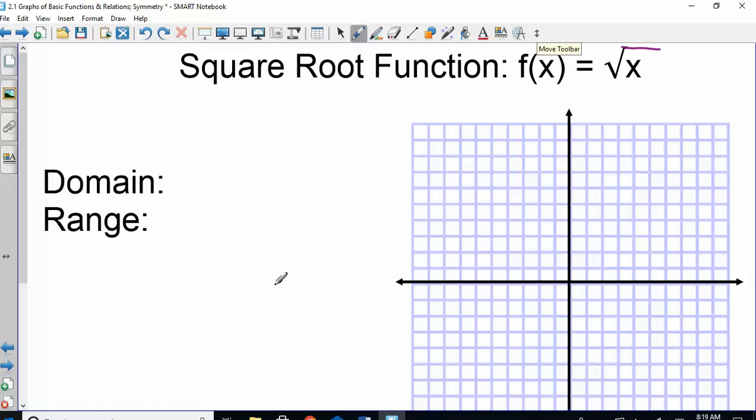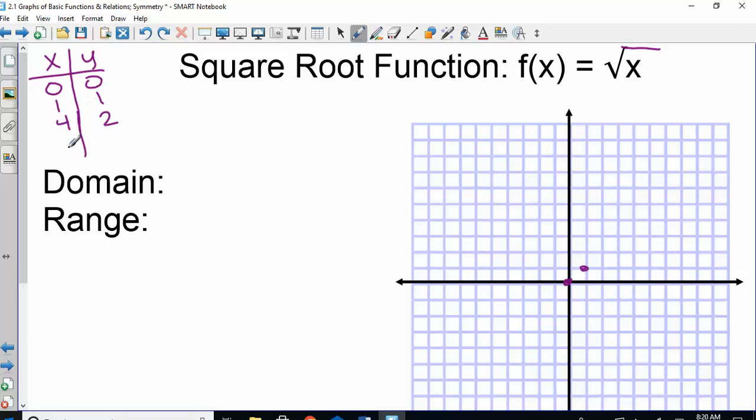Okay, so let's do a square root function. Can you do the square root of negative numbers? No, that's imaginary. So we can't plug in any negatives. Let's start with 0. Square root of 0. Square root of 1. What's another number we can do the square root of easily? 4.